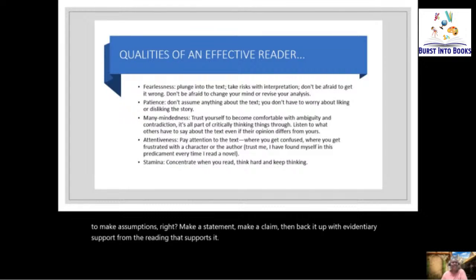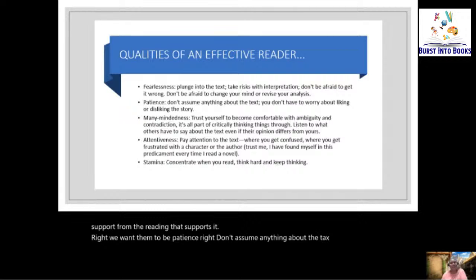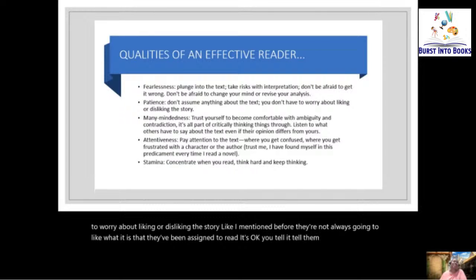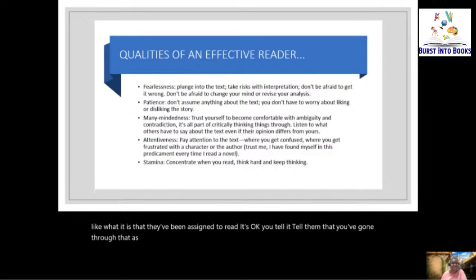We want them to be patient, right? Don't assume anything about the text. You don't have to worry about liking or disliking the story. Like I mentioned before, they're not always going to like what they've been assigned to read. It's okay. You tell them that you've gone through that as well as a student, right?